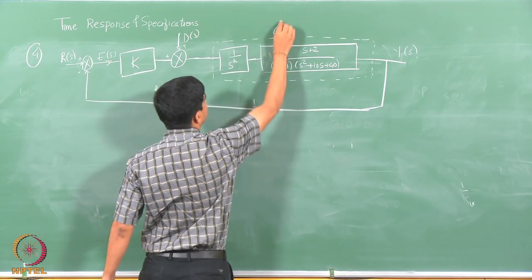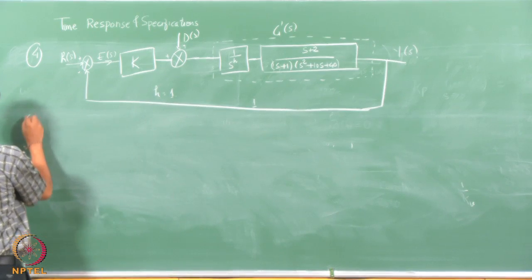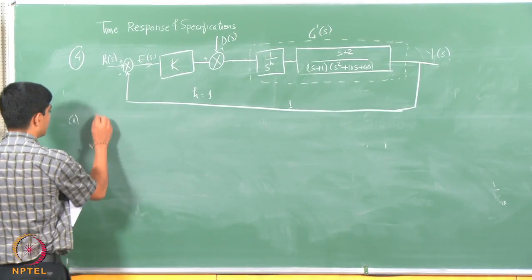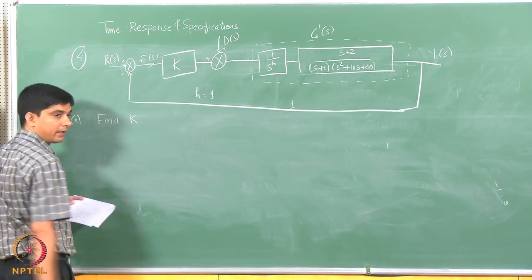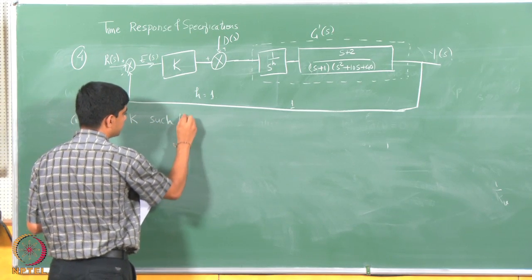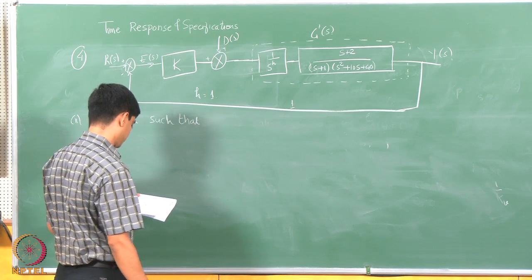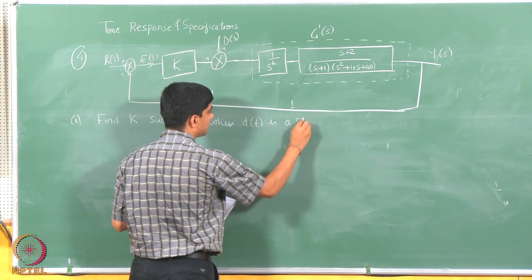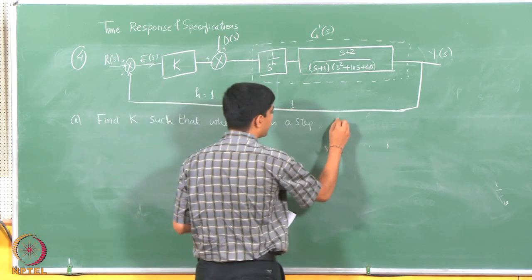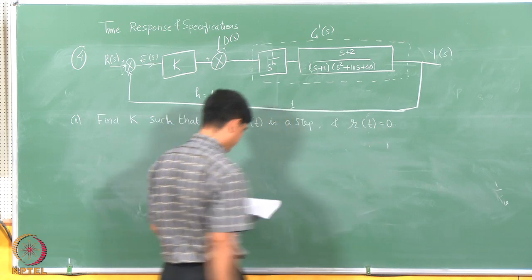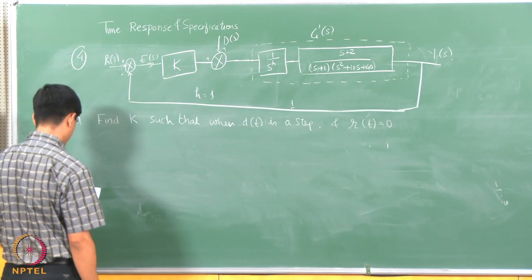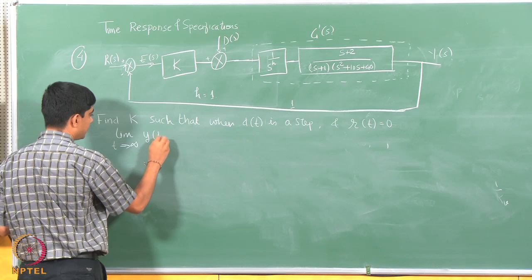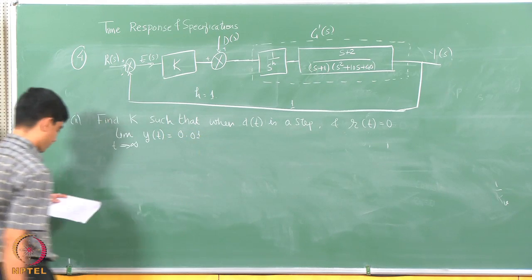Let me call this block G prime of s, and in the second part what I want to find is a k such that when this disturbance signal d(t) is a step and the reference r(t) equal to 0, then the limit as t goes to infinity of y(t) should be equal to 0.01, right.